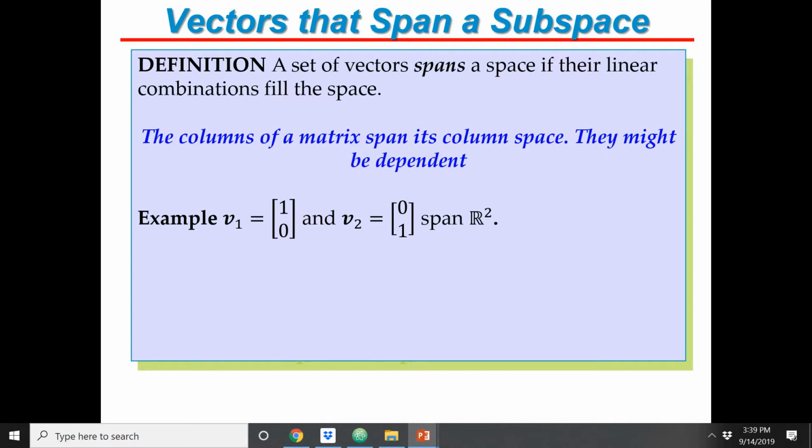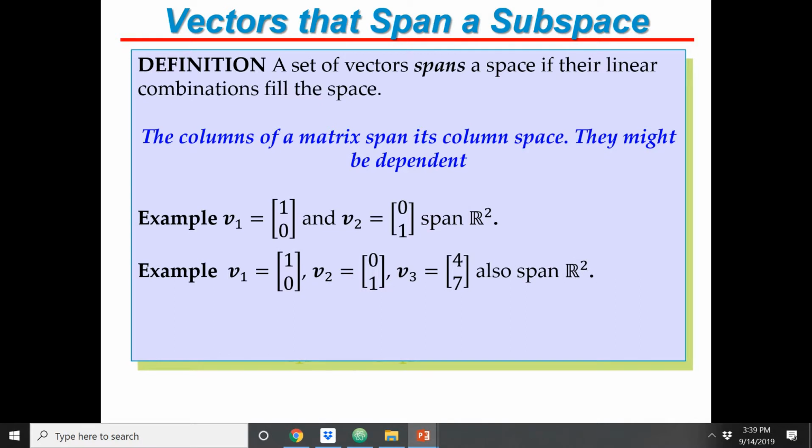So if you take the standard vectors v1 and v2 that you see in R2, certainly they span R2. But look at that. If you take 3 vectors in R2, the ones that you see here, v1 to v3, they also span R2. Remember, the definition of the span is not that these vectors are linearly independent.